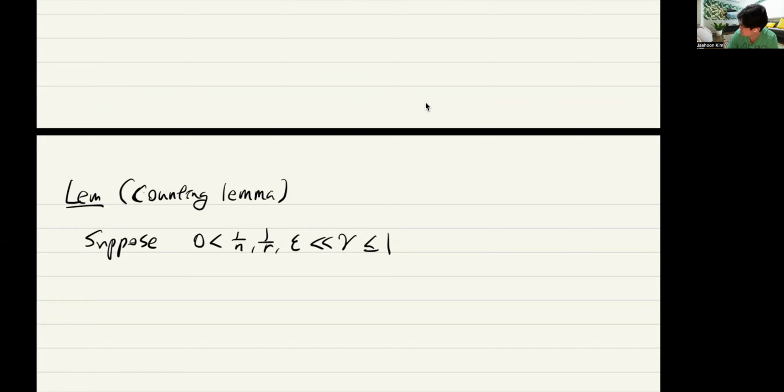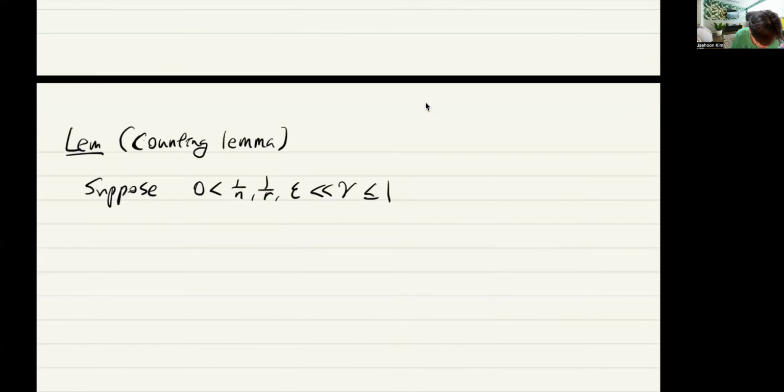Technically, yeah, let me just write it this way. Depending on the situation, sometimes R does not have to be much bigger than gamma, but yeah, let's write it in this way.